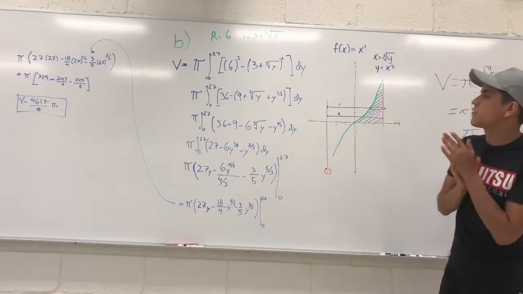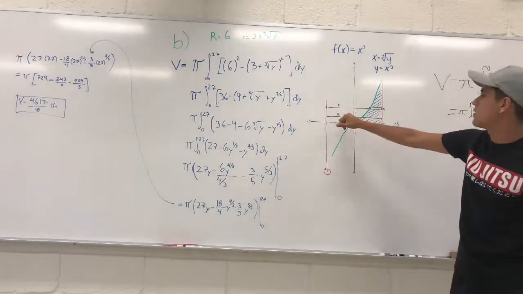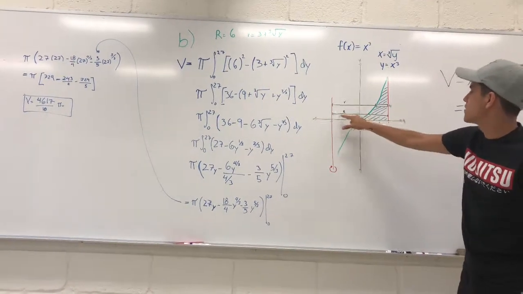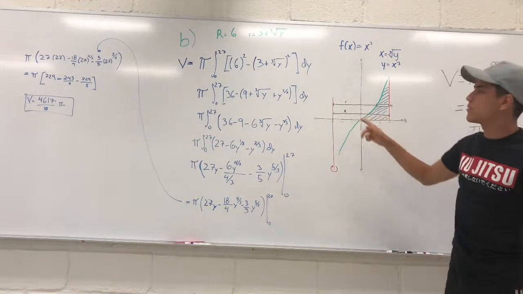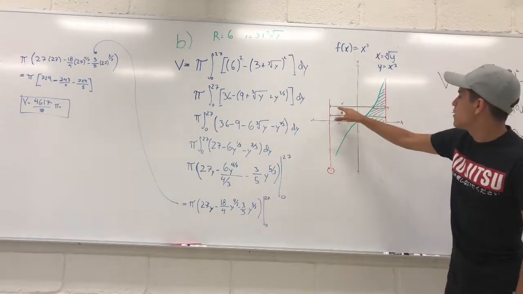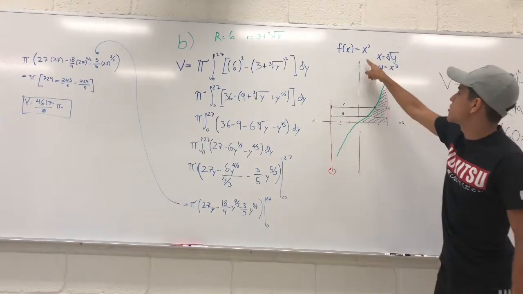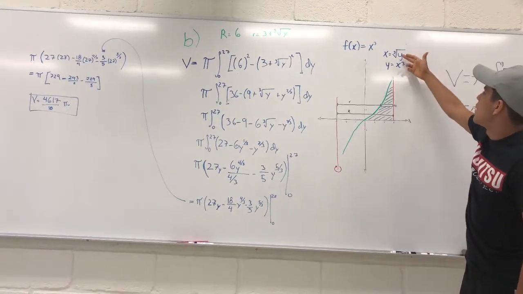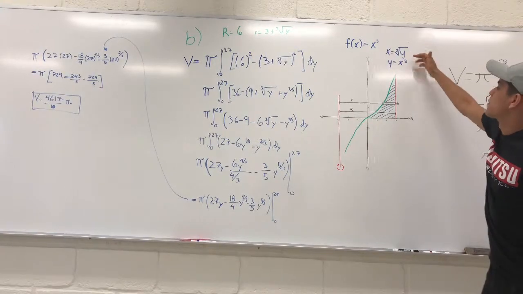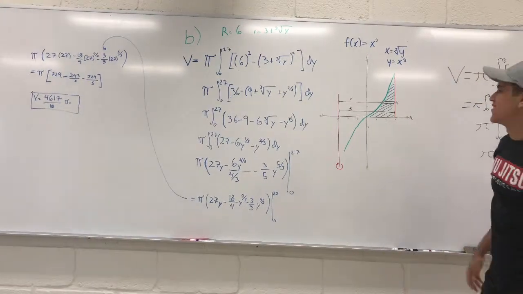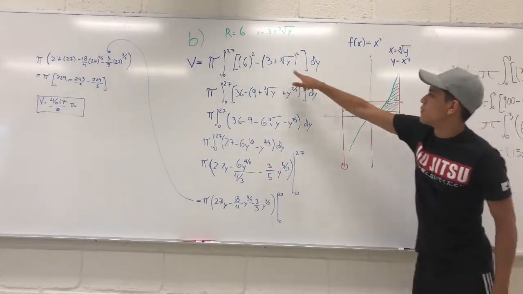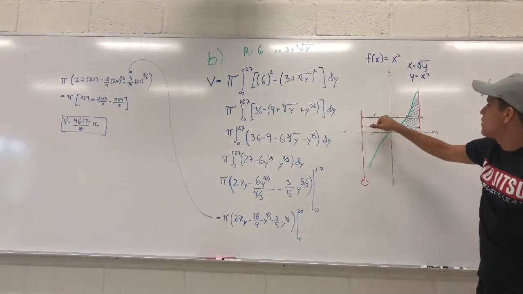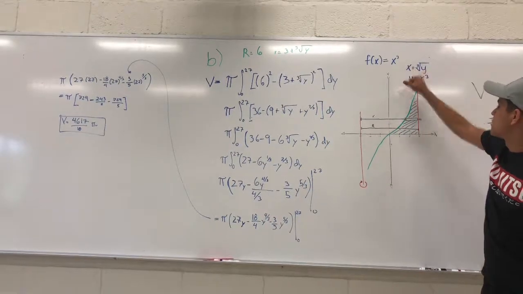In order to have this volume, we need to get the two radii: the big radius, which is 6, and the small radius, which is 3 plus the inverse function of this one, which is x equals the cubic root of y. So the small radius is 3 plus this function.